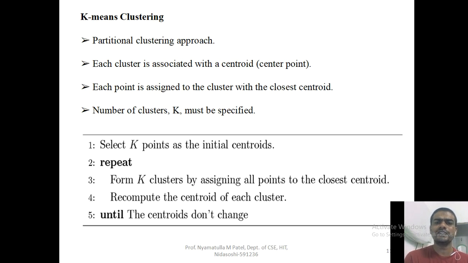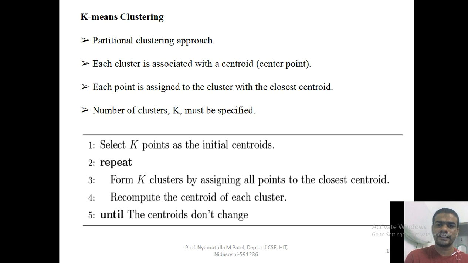Each cluster is associated with a centroid or the center point. So, in the k-means clustering algorithm, whenever you group a particular cluster, first take a cluster, find out the centroid of that cluster, and all the points which have similarity with respect to that centroid will be arranged into that particular cluster.